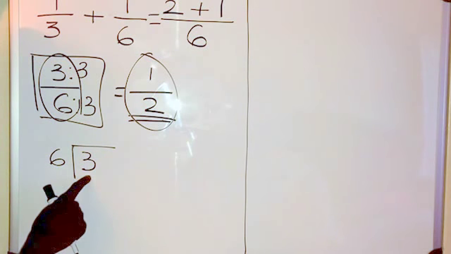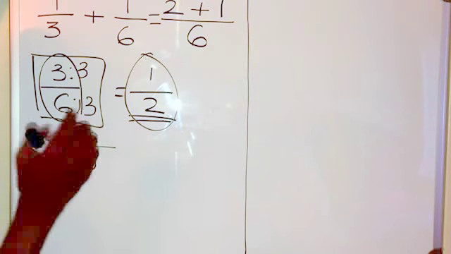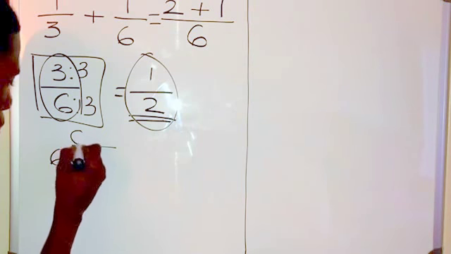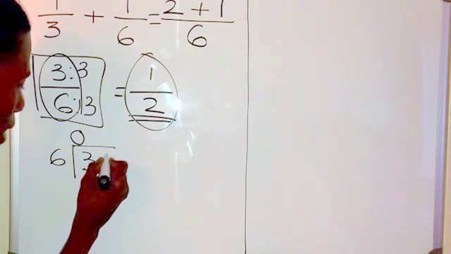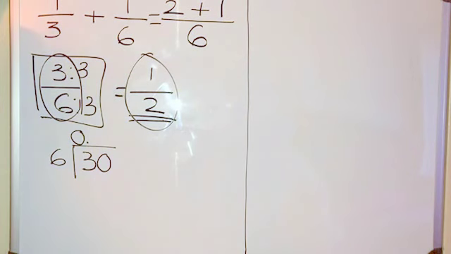We can see clearly that 6 is bigger than 3. So if 6 is bigger than 3, what we can do is add a 0 on top right here, and add a 0 right here, and put a period.